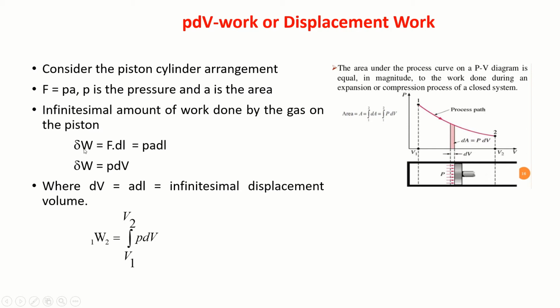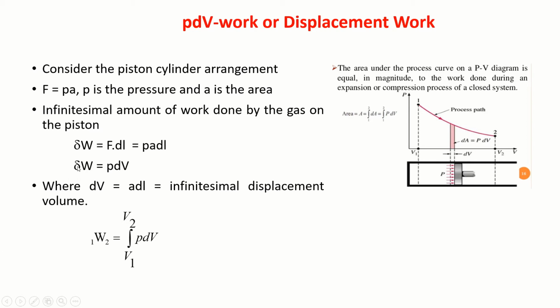So work done is force into distance traveled. Force is nothing but the pressure acting on this and A, the area of cross section of the piston. So P A dl. So A dl I call it dV. So force into distance is work done. So it is an infinitesimally small work done. Let me represent it by delta W.